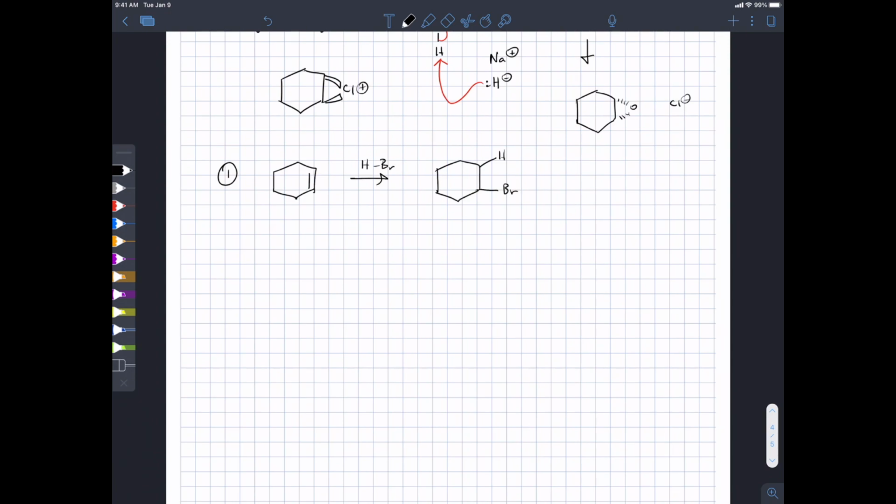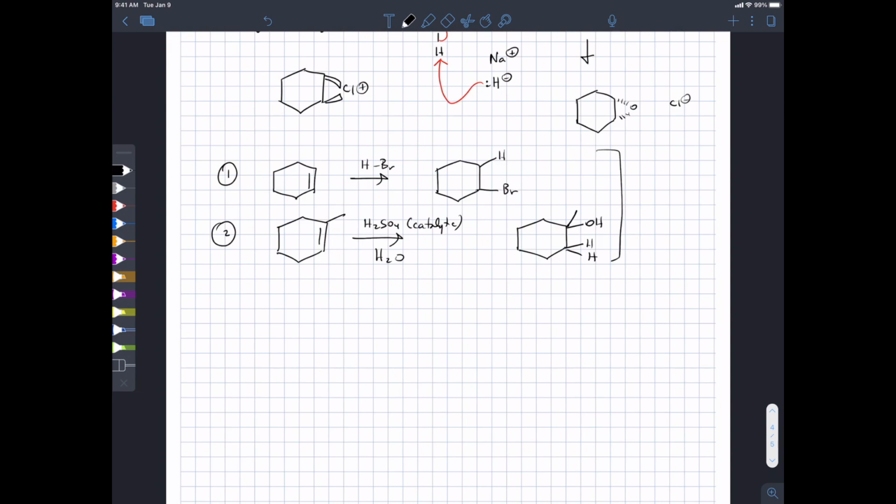In this example that I've given you, there isn't a more substituted carbon, but similarly, if you did alkene hydration with catalytic acid with water, you're going to get the product where the OH is on the more substituted carbon. It also goes through a carbocationic intermediate.